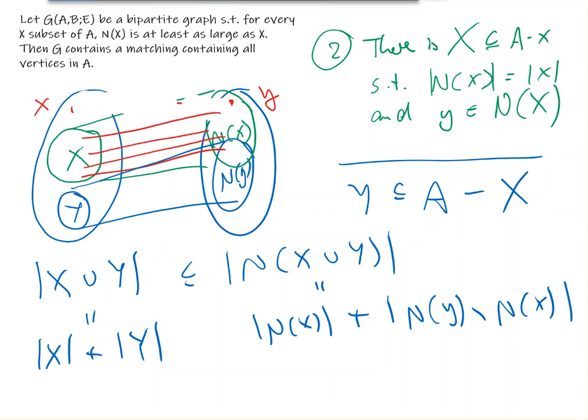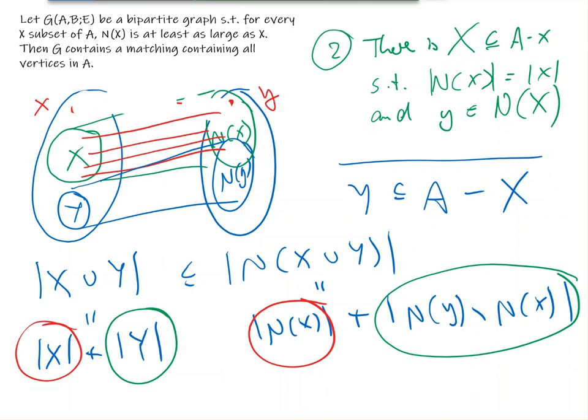And now we know that X and the neighborhood of X have the same size. Since these two have the same size, we get that the size of this Y is actually bounded above by the size of the neighborhood of this Y, the part outside N of X. So this is great.